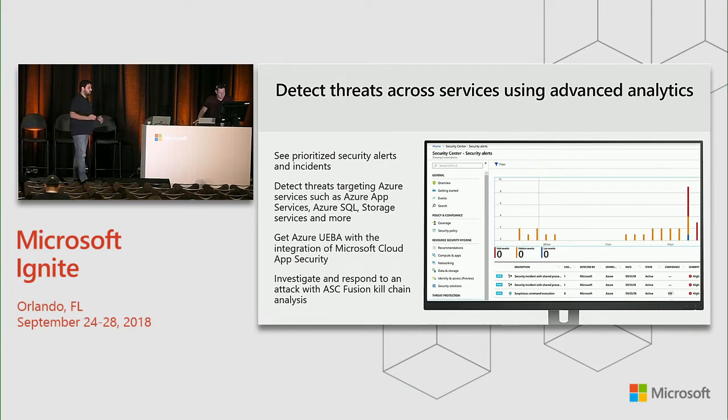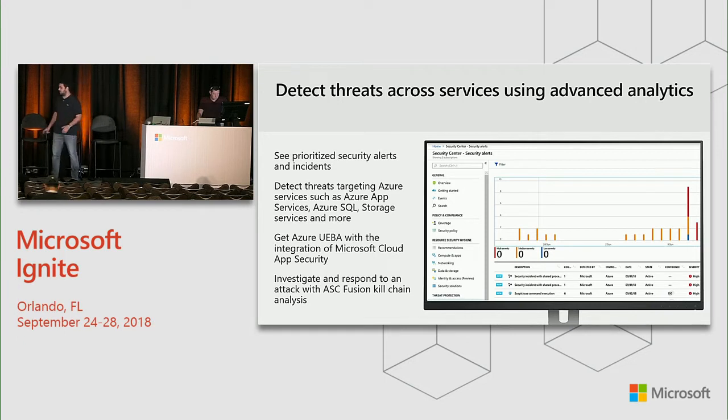All of these alerts come with a severity and a confidence score that help you, again, prioritize the work and understand which alerts require your immediate attention. And of course, we provide a full description and remediation steps for those alerts that help you act upon them fast and mitigate a threat.